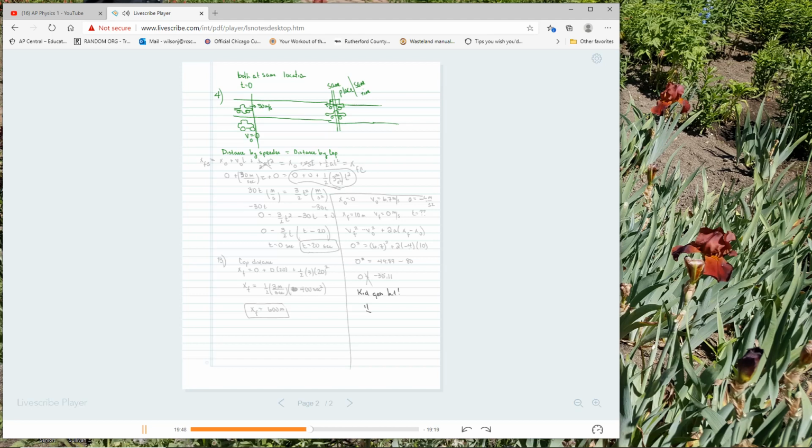So what is the distance by the speeder? Well, it would be x original plus v original t. So this is x final for the speeder. For the cop, x original plus v original t plus 1/2 a t squared equals the final position.